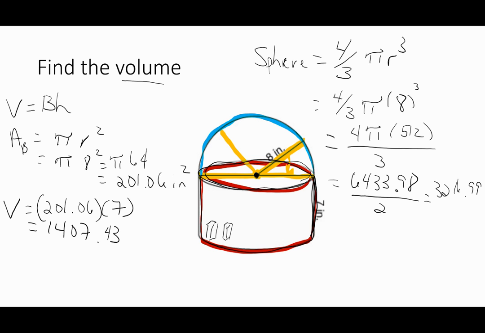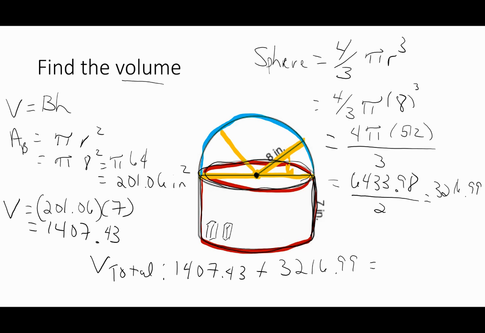So we're going to add those two together. They're one on top of the other. So the volume total is 1407.43, that's the volume of our cylinder, the bottom part, plus the volume of the top, which is 3216.99.